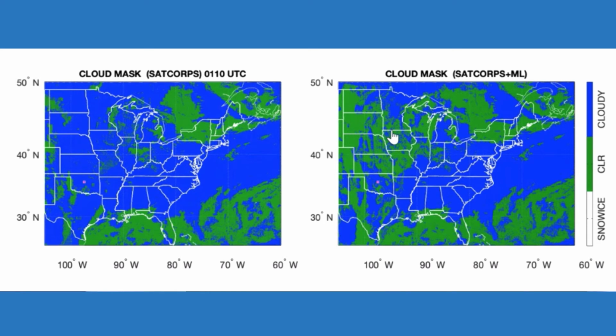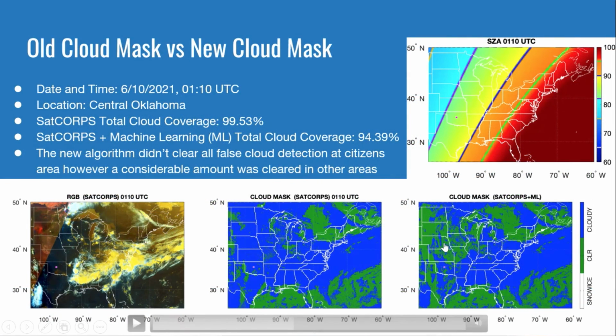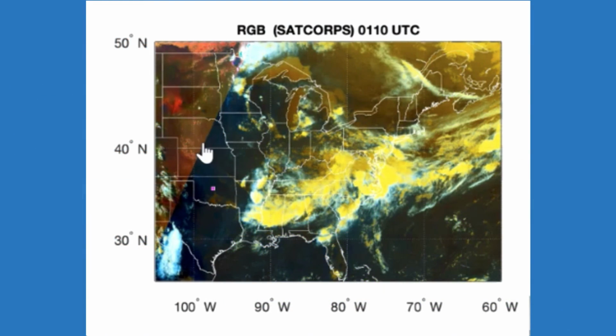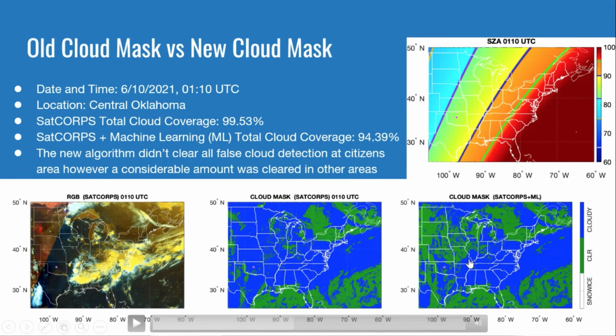And in the new machine learning algorithm, you don't see that. And you see a lot more natural clouds being detected. Some of this could be false cloud detection, but at the same time, there are clouds present. And while this new algorithm isn't 100% perfect, we're still working to refine it. It is considerably better than the old cloud mask product.